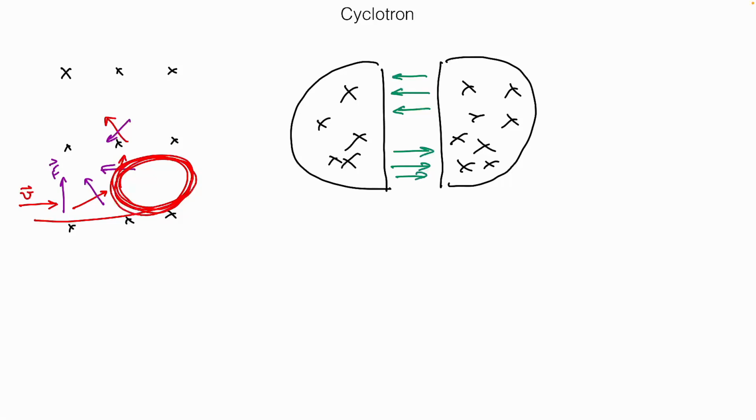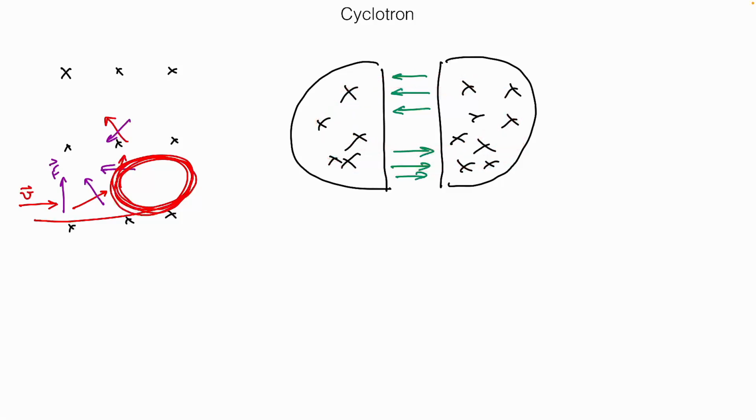Now our particle is going to curve around, and then here, as soon as it gets out of the D, it's not going to be curving anymore, right? But now, what is it going to do with the electric field? Accelerate and speed up, right?